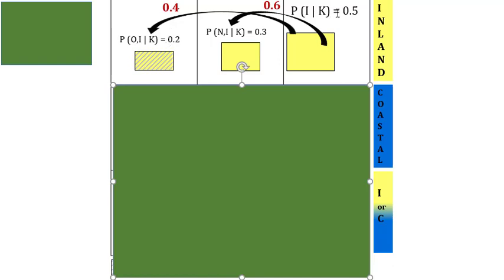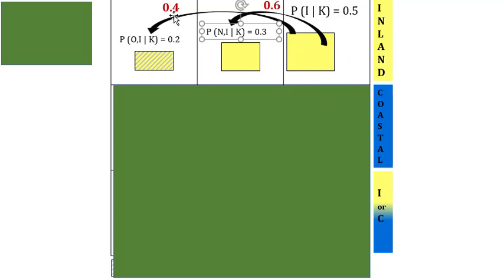So 0.5 times 0.4 is 0.2, and 0.5 times 0.6 is 0.3. Now these two joint probabilities, 0.2 plus 0.3, add to 0.5.